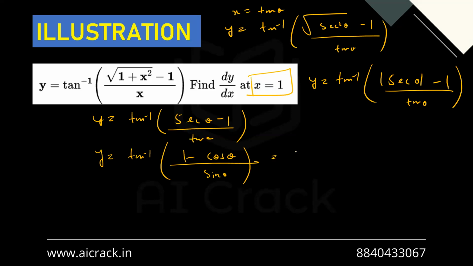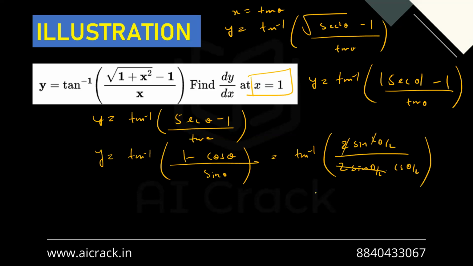We can further simplify this as tan inverse of 1 minus cos theta, which is 2 sine square theta by 2, and sine theta becomes 2 sine theta by 2 times cos theta by 2, right? So this and this and this get cancelled out. What we've got is tan inverse tan theta by 2. This is theta by 2 only. Okay. Now what we have got is y equals theta by 2 after doing our substitution.